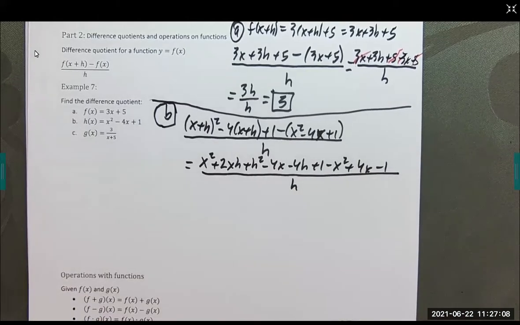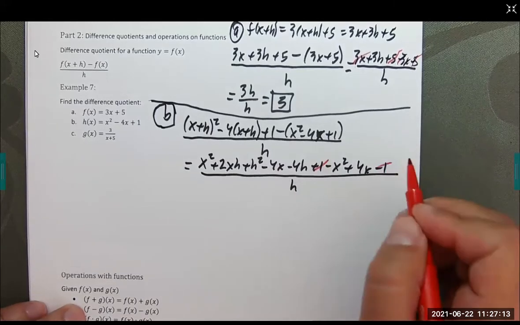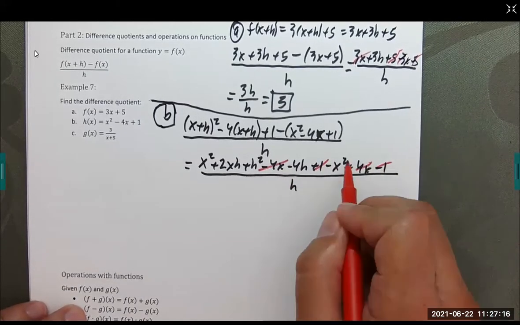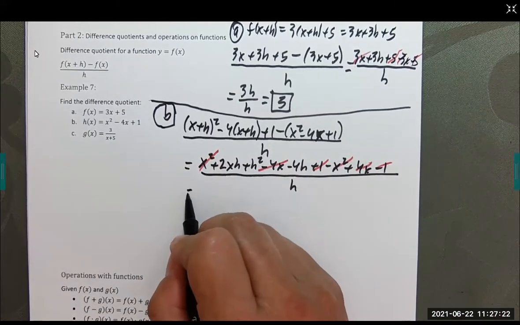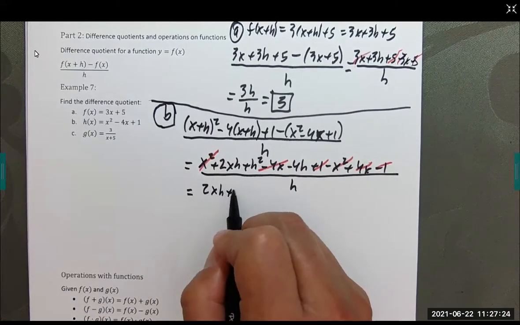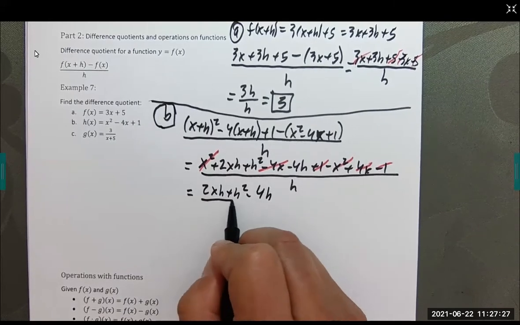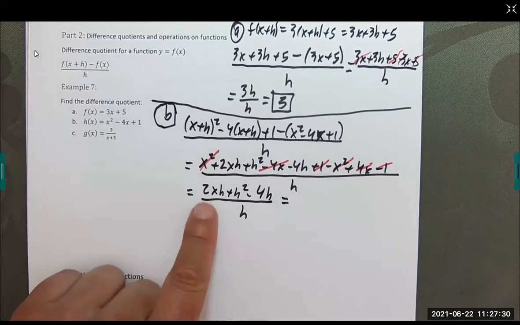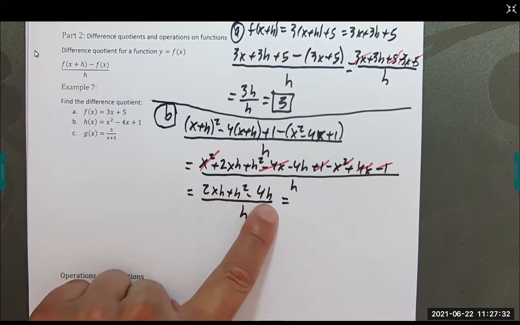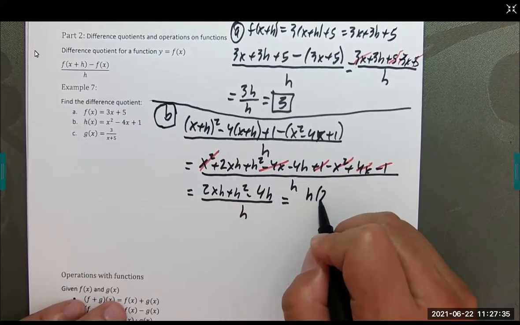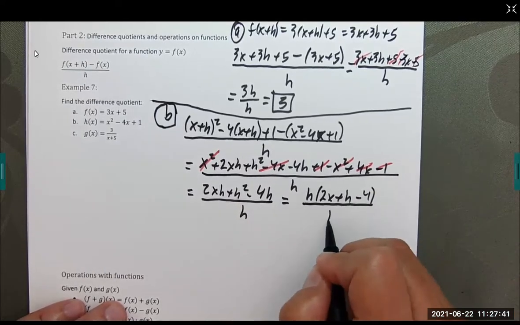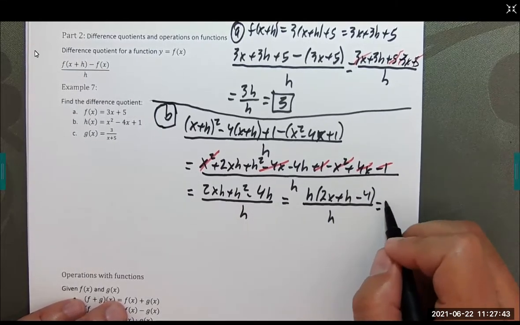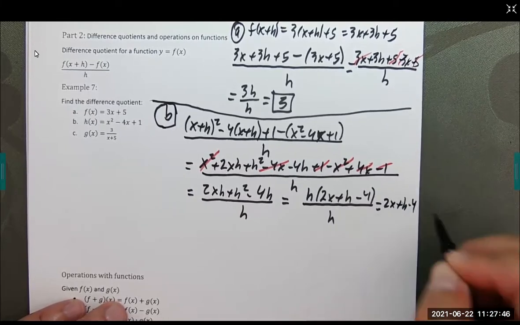You can see 1 is gone, 4x's are gone, the x squareds are gone. We're left with 2xh plus h squared minus 4h over h. And can you see I can factor out an h from each of these? There's my answer.